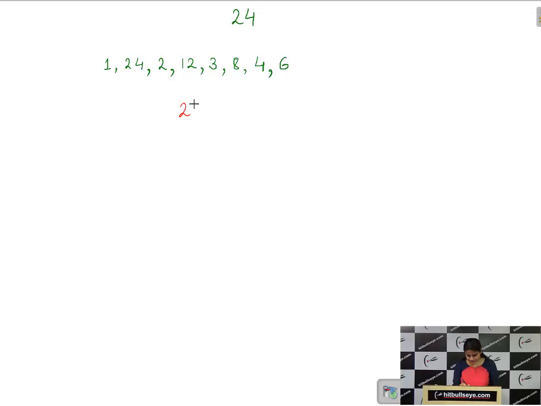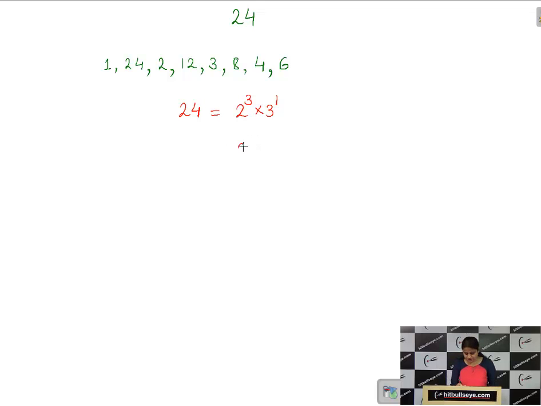Now what to do? Let us take the number and write the prime factorization of 24, which is 2 cube into 3. I think all of you are comfortable in writing the prime factorization of any number. Now, we are talking about a factor. So, we have 2 raised to power 3. As we know, a factor should divide a number completely.